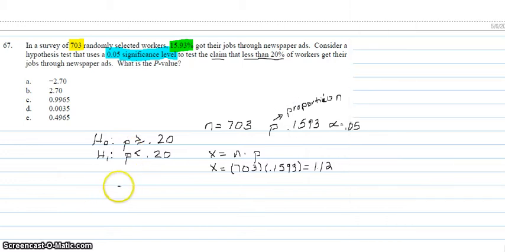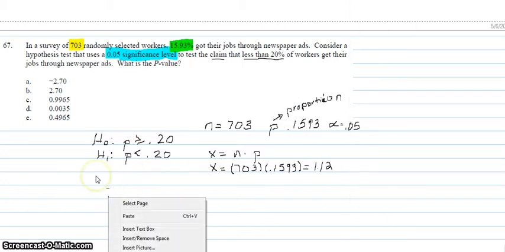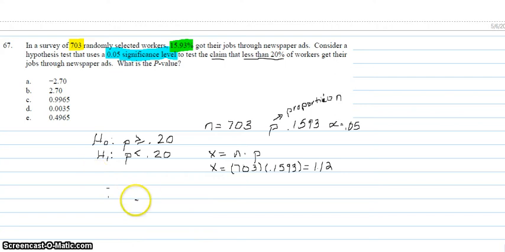So p-value equals 0.0035, and that is letter D. Letter D. That is the correct answer.